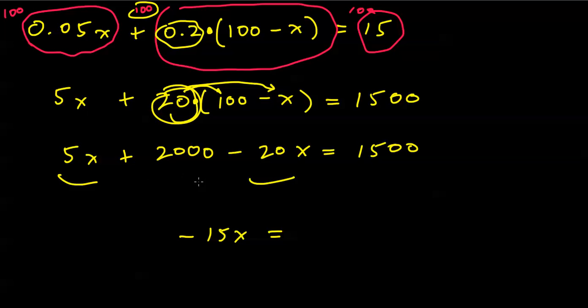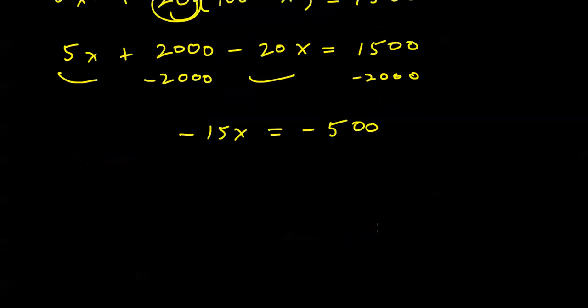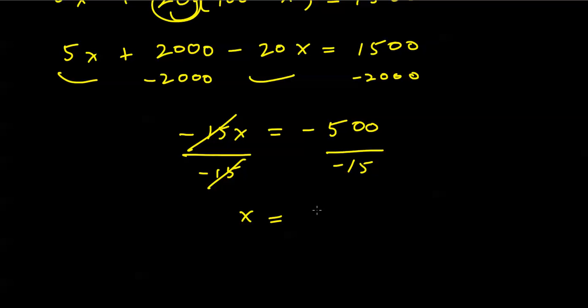If I subtract 2,000 from both sides, well, 1,500 minus 2,000 is, of course, minus 500. I'll now divide both sides by negative 15. The negative 15s cancel on the left. I get x equals 500 over 15, positive, which reduces to 100 over 3.